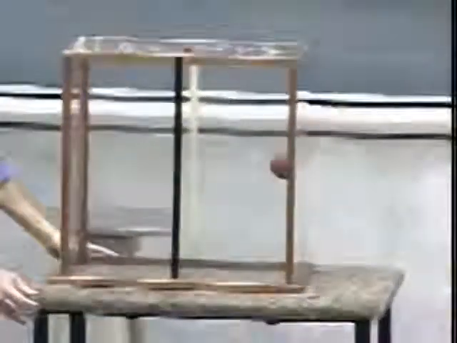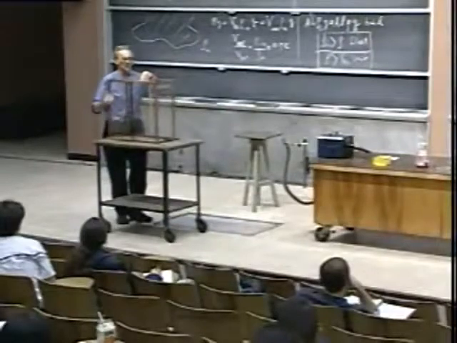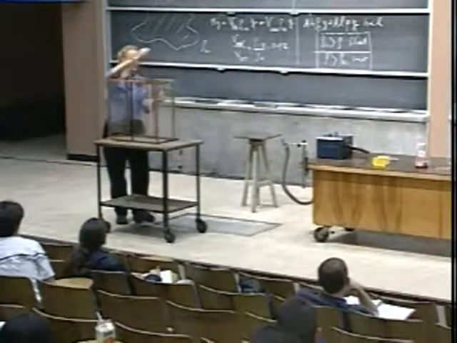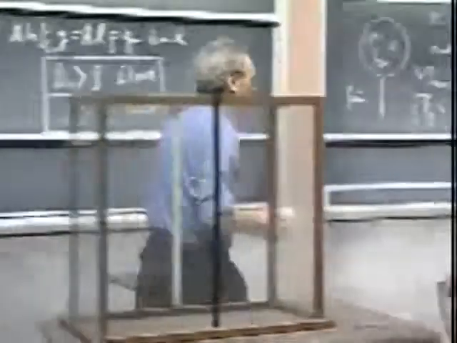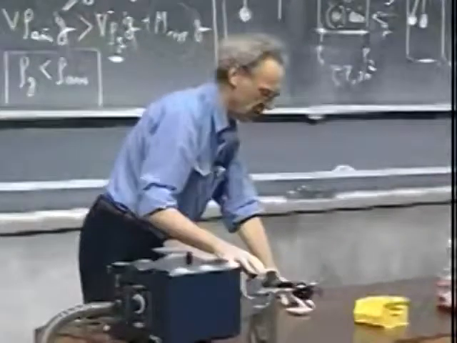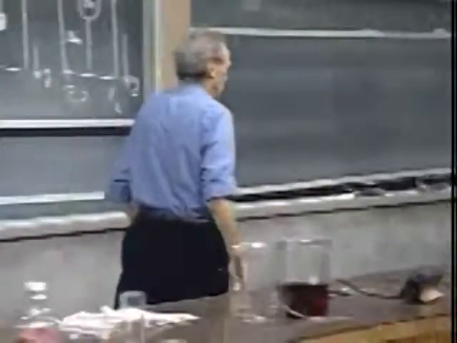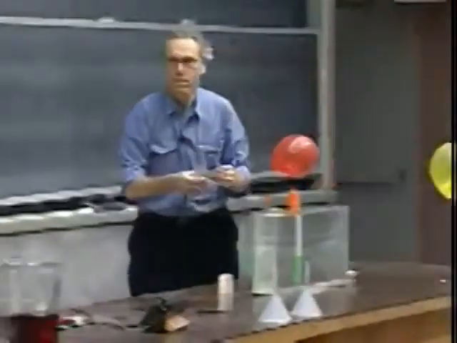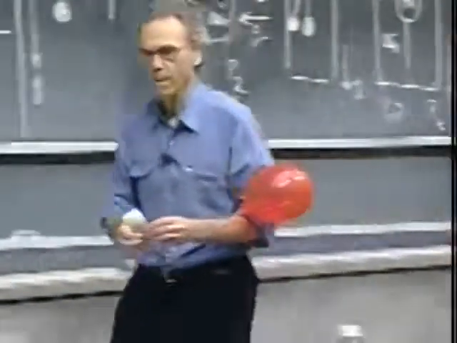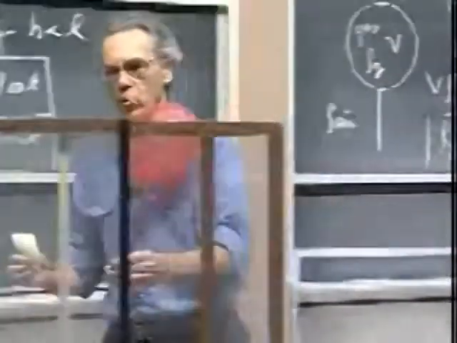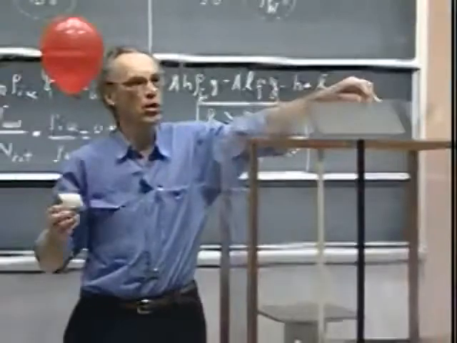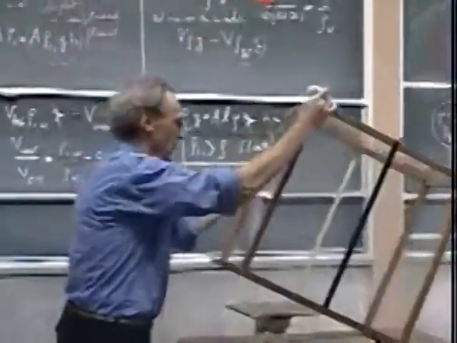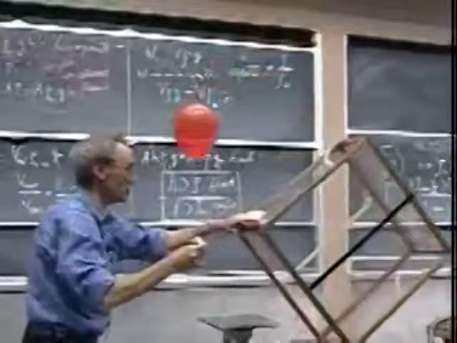Okay. Now we're going to do it with the balloon. I'm going to take this one off. And now let's take one of our beautiful balloons. So we're going to put a balloon in here. It has to be a closed compartment so that the air can build up the pressure differential.